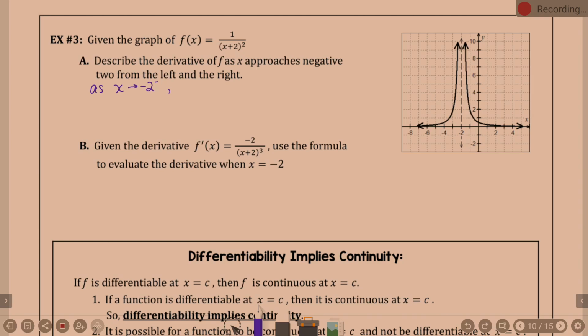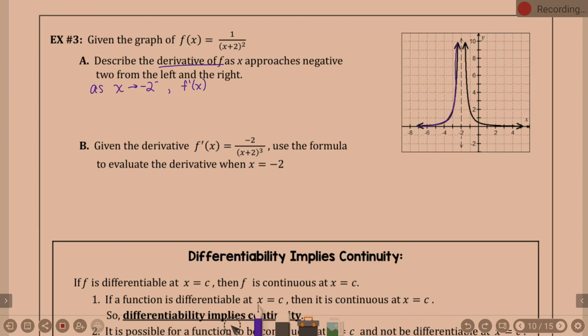Oh wait, I almost messed this up. Notice it's the derivative of f. As x approaches -2 from the left, I agree f approaches positive infinity, but we're being asked about the derivative.